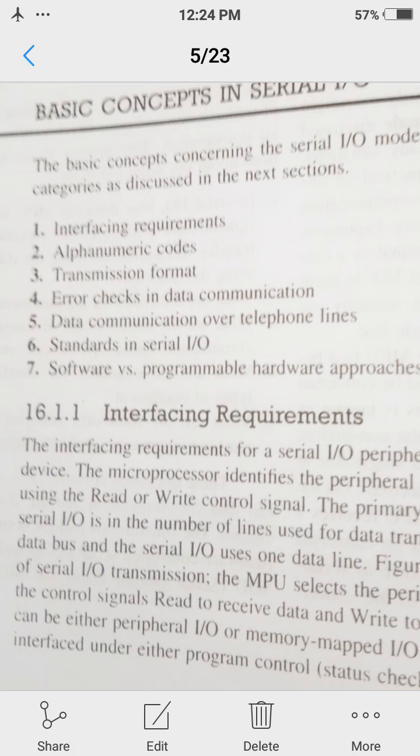So these are the IO mode classification and tasks. First task we will see is the interfacing requirement.